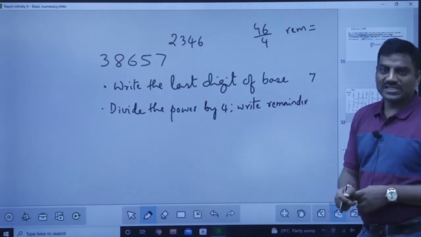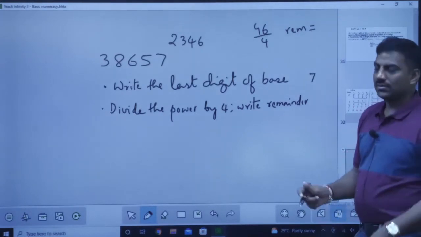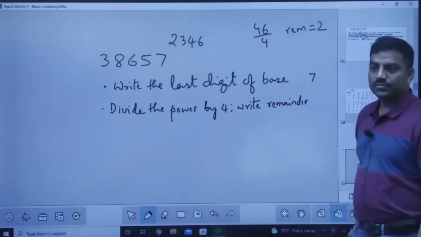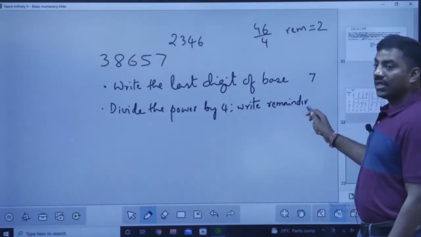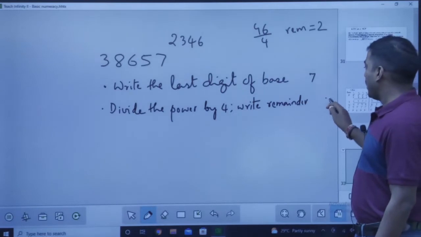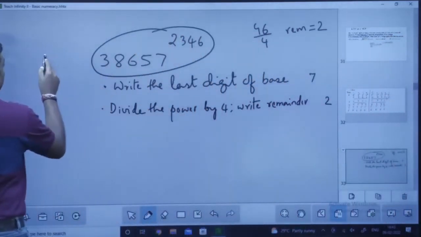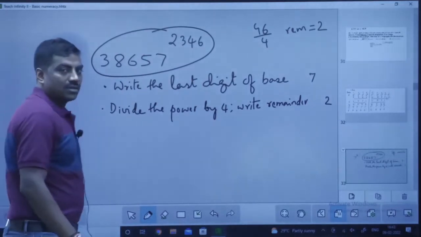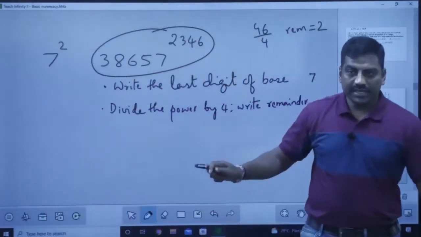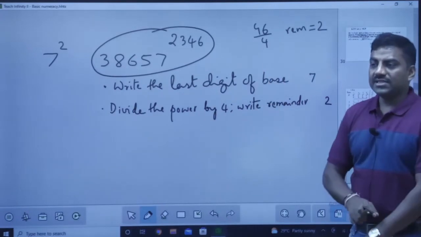Again 4 ones are 4. 6 minus 4, remainder is 2. So write the remainder, 2. So this whole expression can be replaced by 7 square.